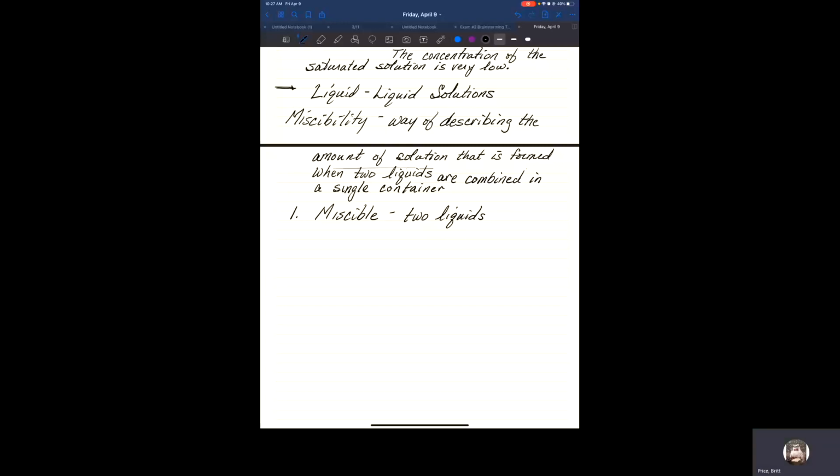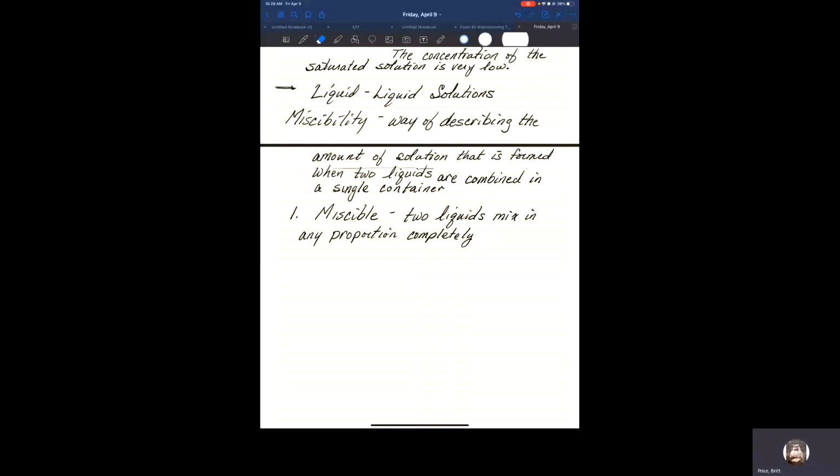So two liquids mix in any proportion completely. So that's the idea of a total, single phase mixture.